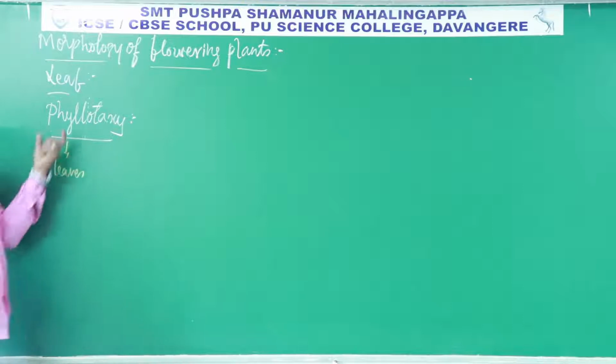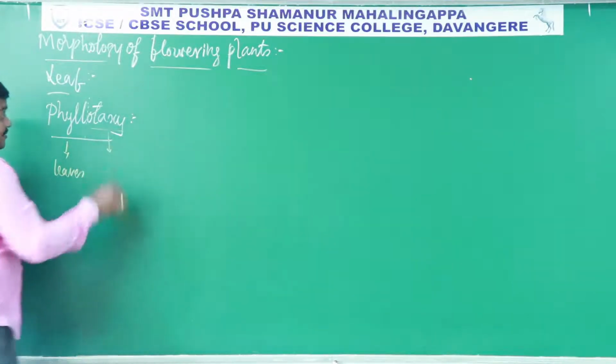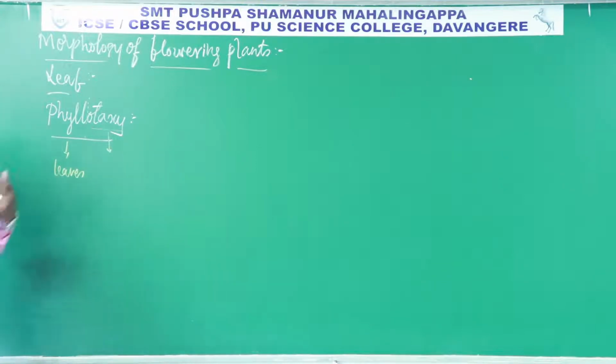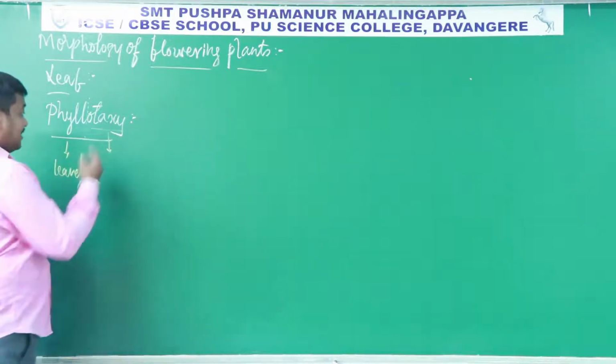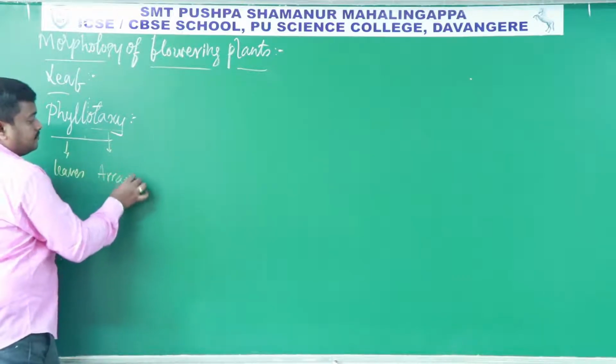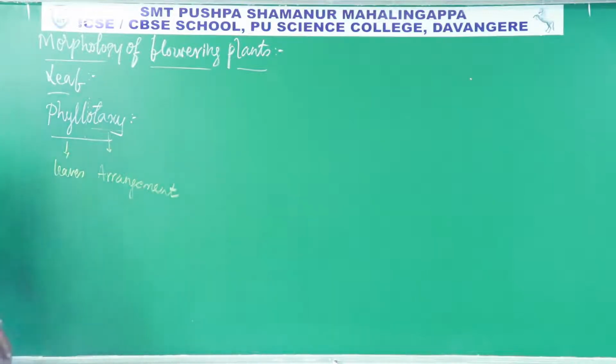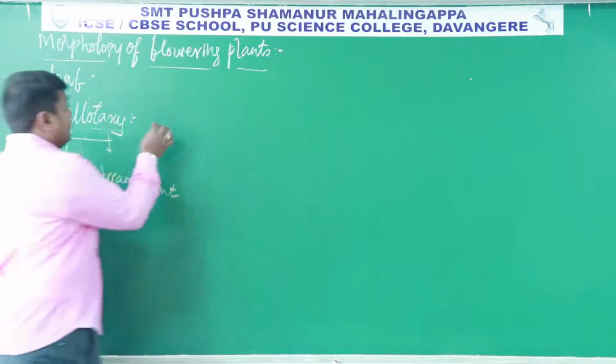And taxis, as in taxonomy, refers to arrangement. So in simple words, what is phyllotaxy? It is the arrangement of leaves. Arrangement of leaves is called phyllotaxy.